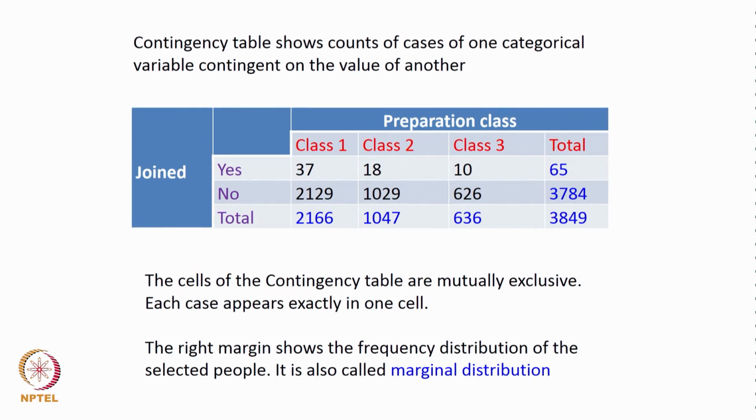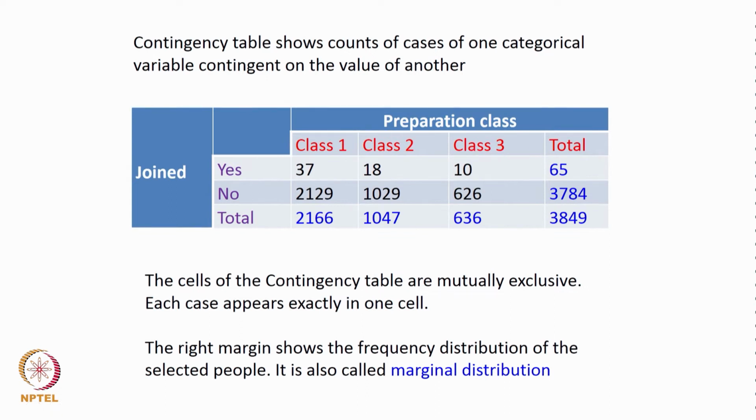Now, what can we do with this data and what can we understand from it? First, this table is called a contingency table, where we try to associate 2 categorical variables. One categorical variable is joining and not joining, and the other is the class that they attended prior to joining or not joining. The cells are these positions. There are 1, 2, 3, 4, 5, 6 cells in this table.